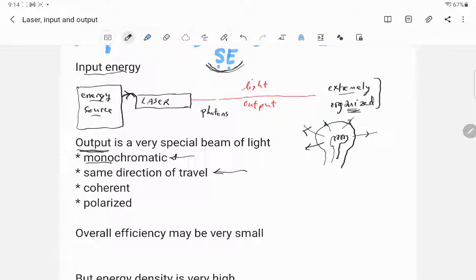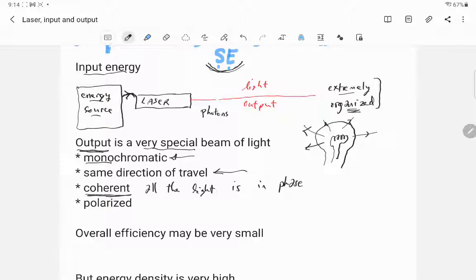Here is another sense in which the light output is very special. There is a special word called coherence. What coherence means is that all of the light is in phase. Coherence really refers to the wave nature of light. So phase, right?